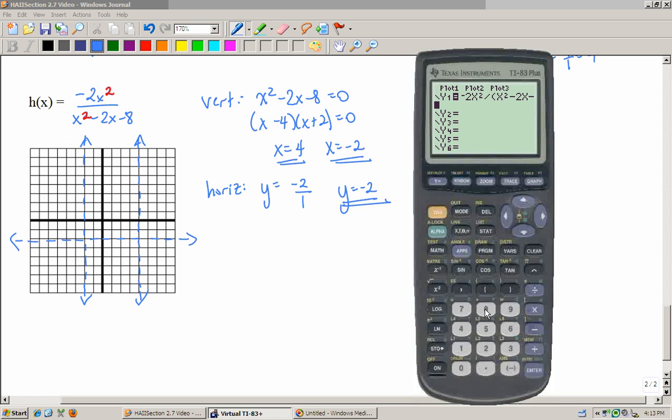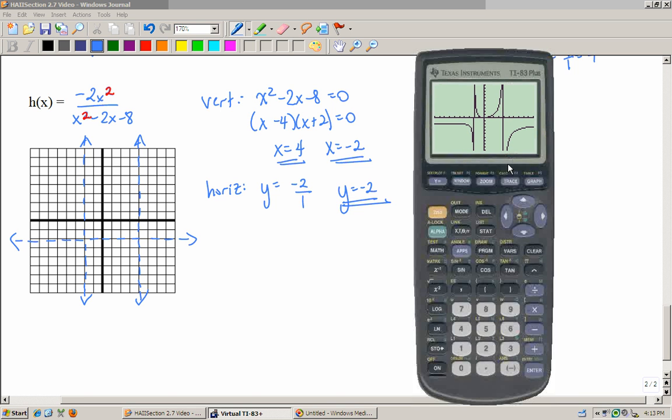You can do zoom 6 to get an automatic quick window. And you notice that you will see those vertical and horizontal asymptotes approaching. Some of your calculators don't show these vertical lines. My calculator is not picking up the pen, so yours hopefully will be. And if you look over here on the left side, it's in the bottom section. In the middle, it's up like a parabola in the middle section, and then it's down on the right on the bottom section.